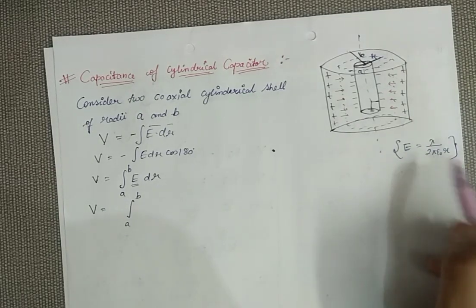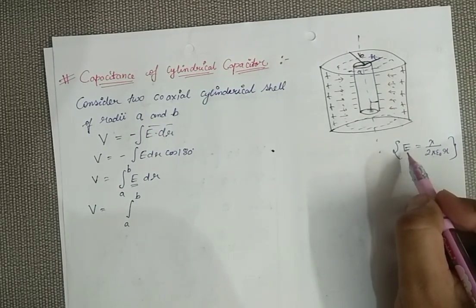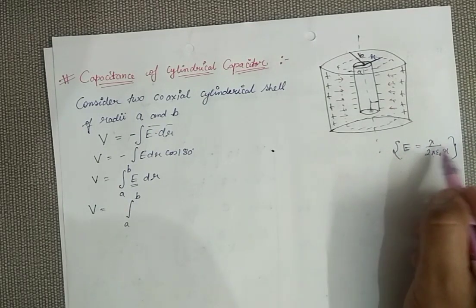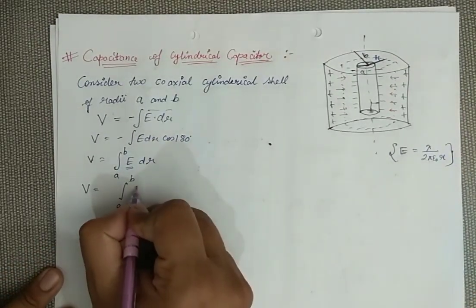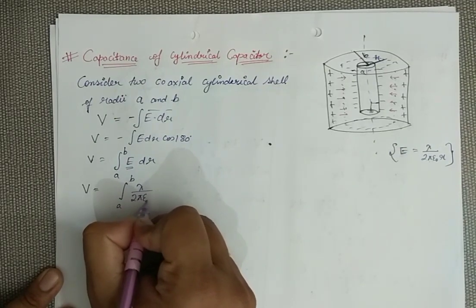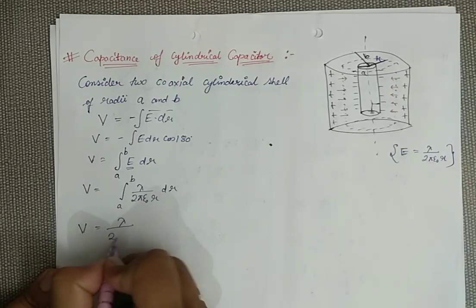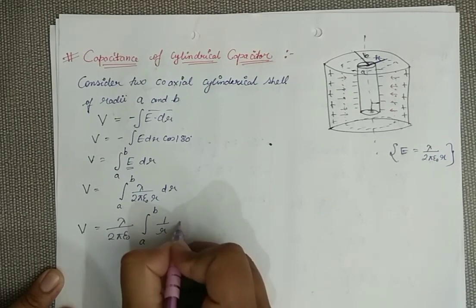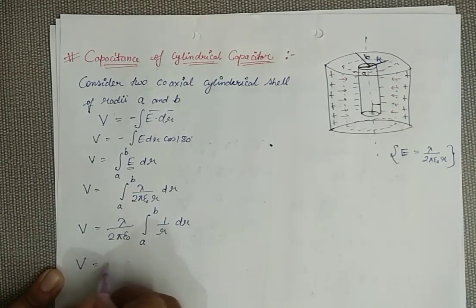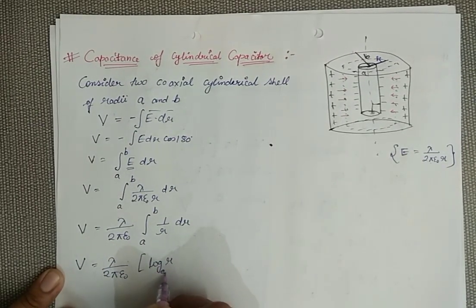So just substitute this value of electric field. You will come to know this value from the application of Gauss law. Just go through the video. So I substitute the value, that is lambda over 2 pi epsilon naught times of r, dr. Taking the common quantity outside, lambda by 2 pi epsilon naught integration from a to b of 1 by r dr. Integration of 1 by r is log r base e, that is natural log.